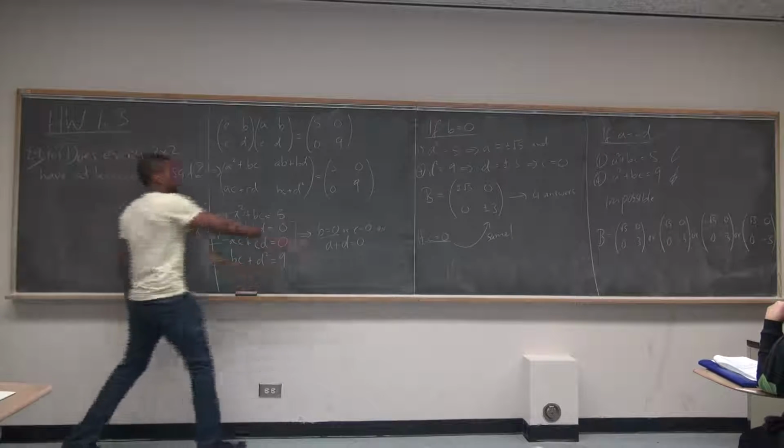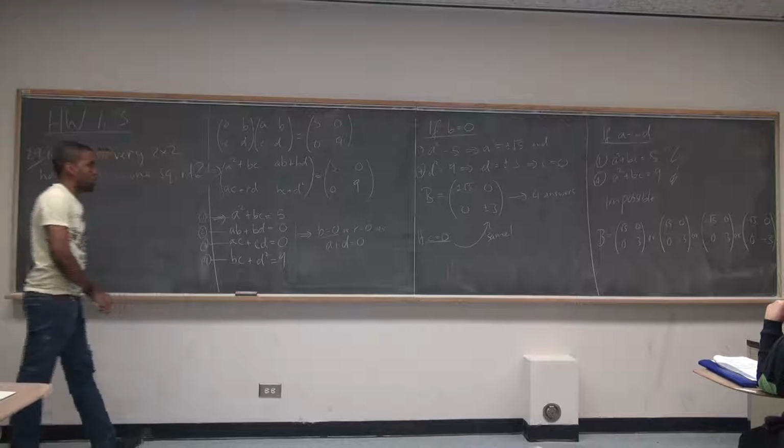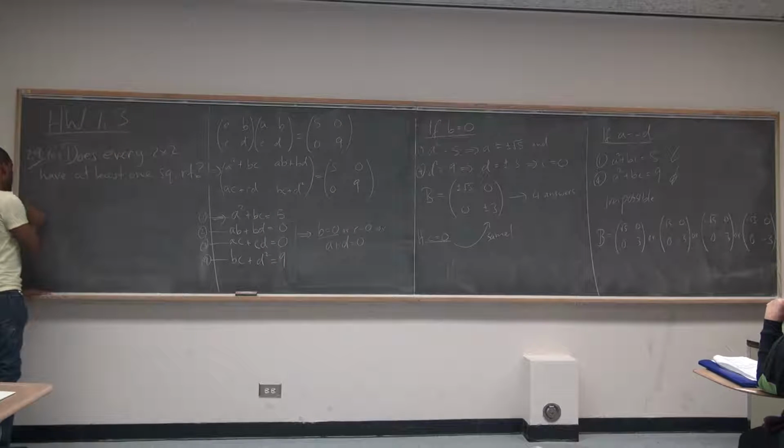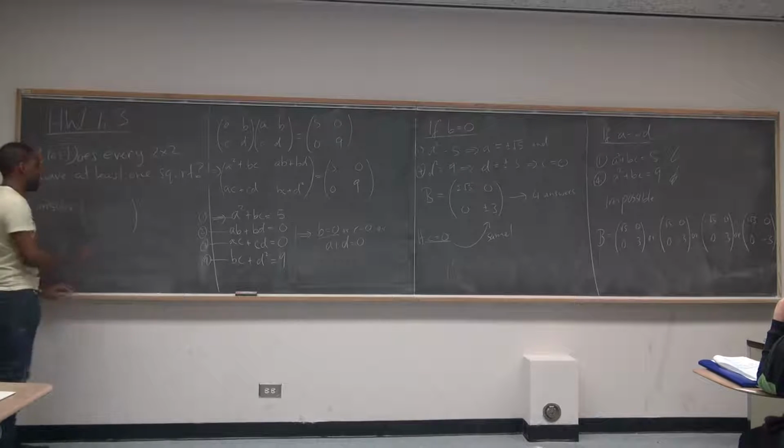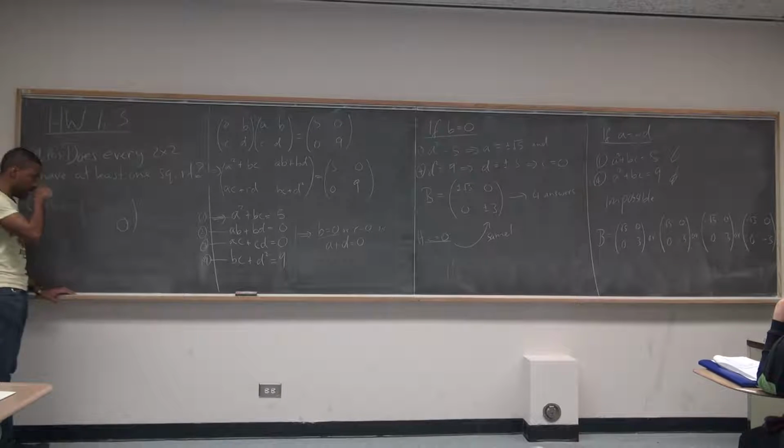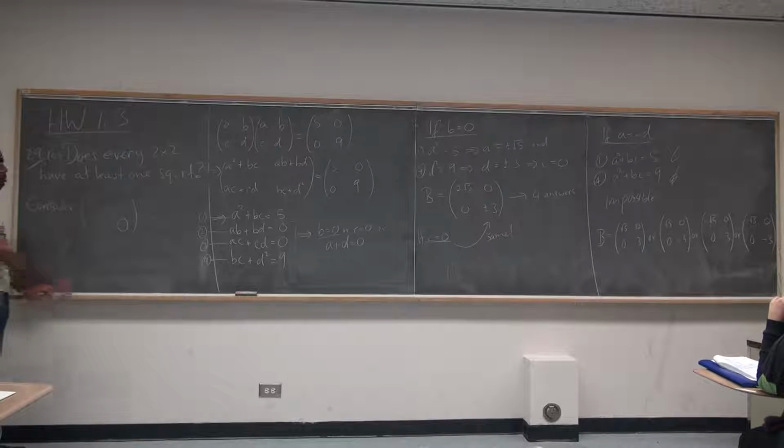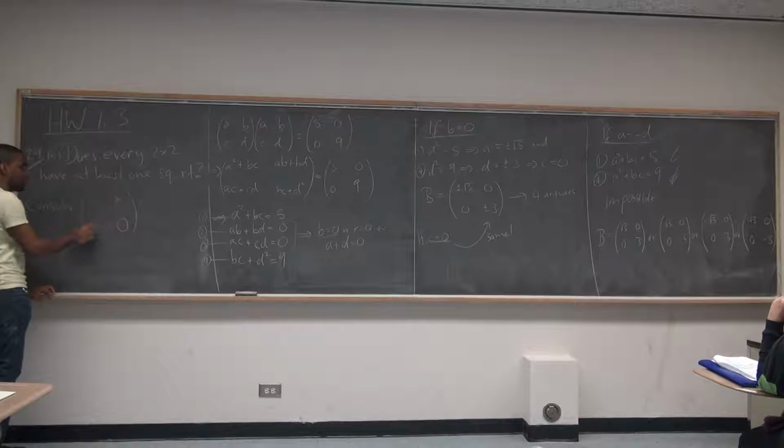So I think something like this will not give us what we want. Proving this in general will probably be annoying, so let's take those entries on the main diagonal out of play. Let's say I'm looking at a matrix that's 0, 0. I'm trying to get a contradiction. So maybe if something is here and something is here, it won't work.